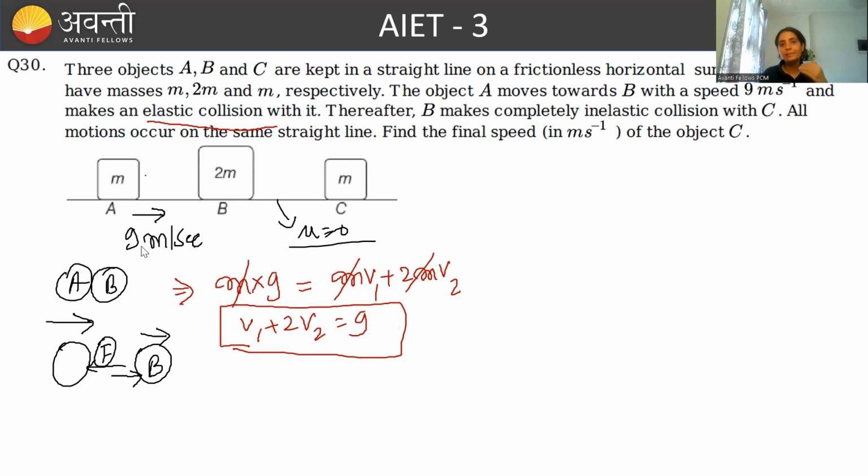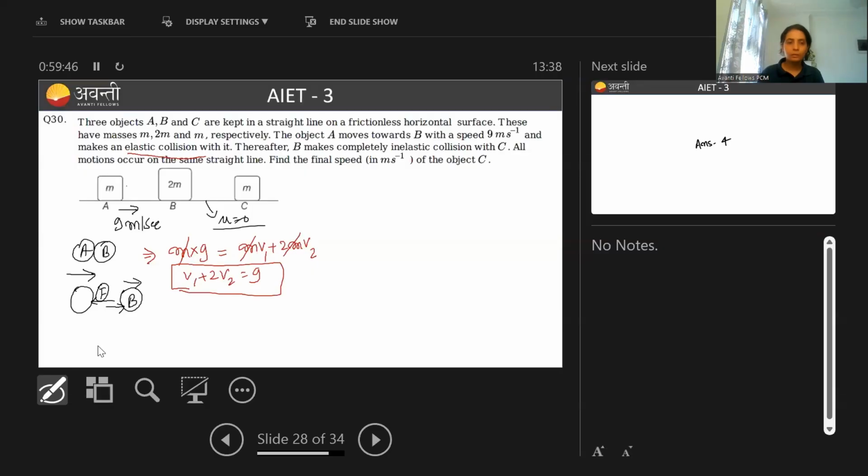And e, the coefficient of restitution, is equal to velocity of separation over velocity of approach. Velocity of separation means the difference of velocities after collision.